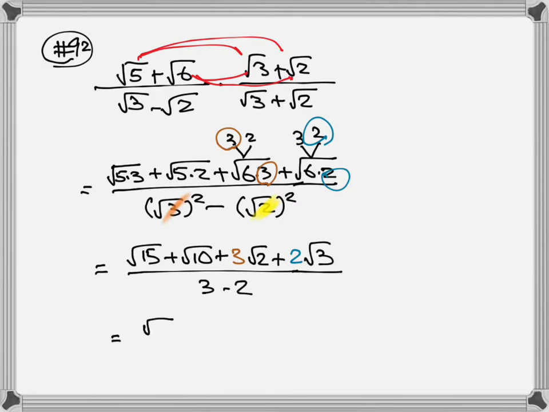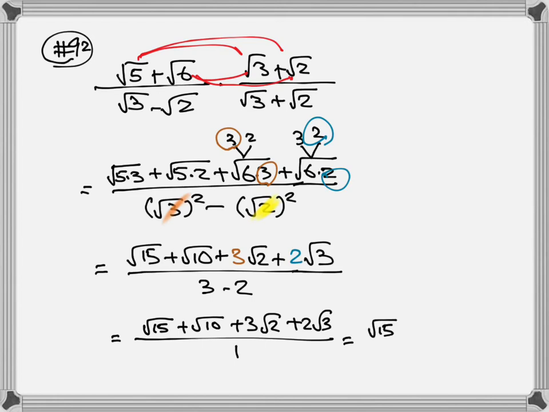The numerator here stay the same, nothing to combine. Over 1. Now, if you have 1 for denominator, then you don't need to write a 1 anymore. So your answer will be square root of 15 plus square root of 10 plus 3 square root of 2 plus 2 square root of 3. Then that's your answer.